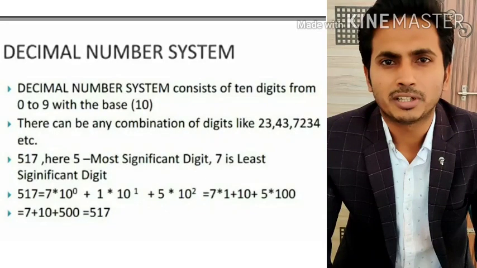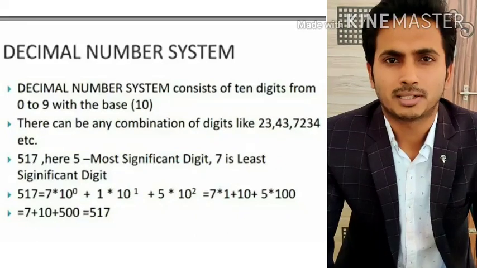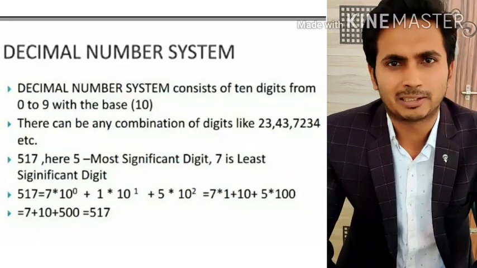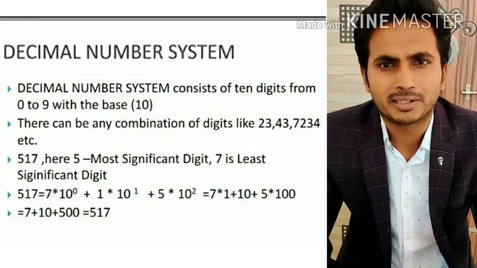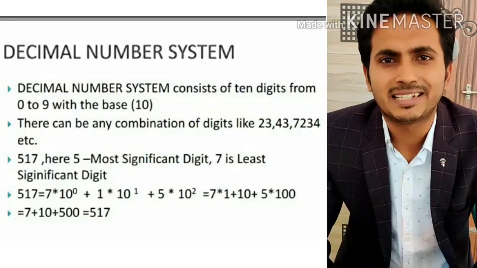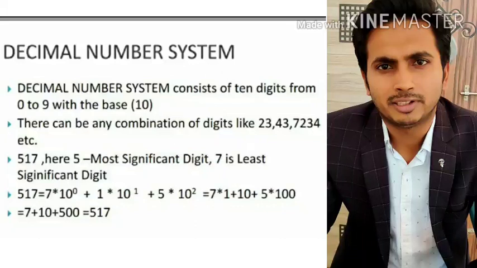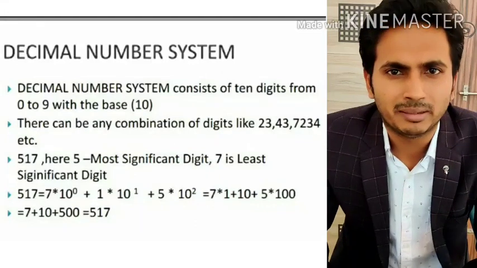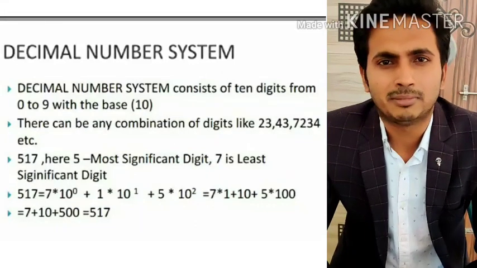So let me tell you first about the decimal number system. We humans, when we have to perform addition, subtraction, multiplication, use numbers. These numbers, either positive or negative, make the decimal number. What is the meaning of decimal number?